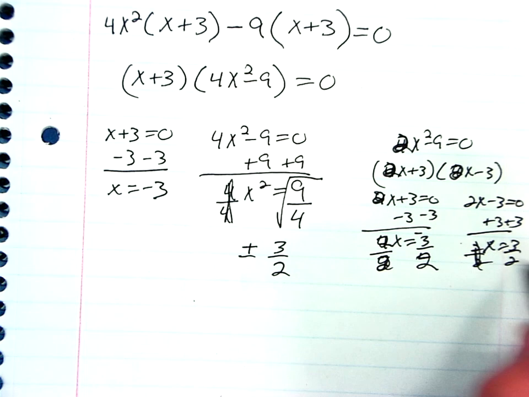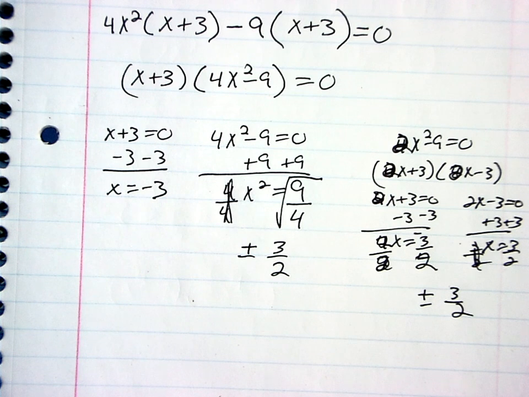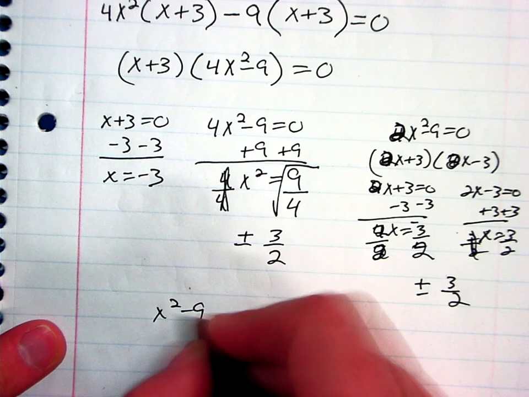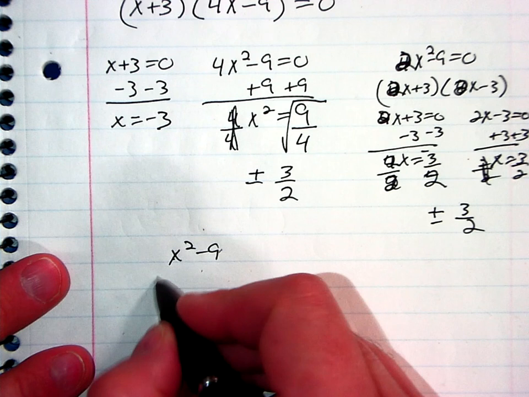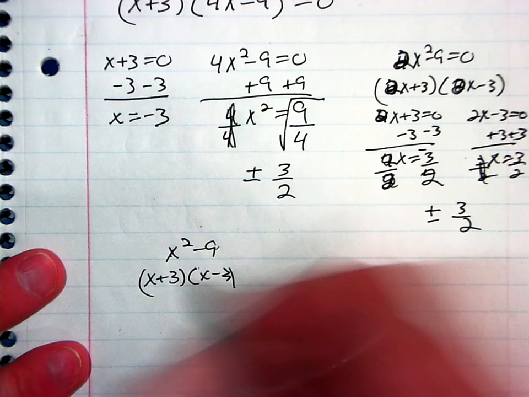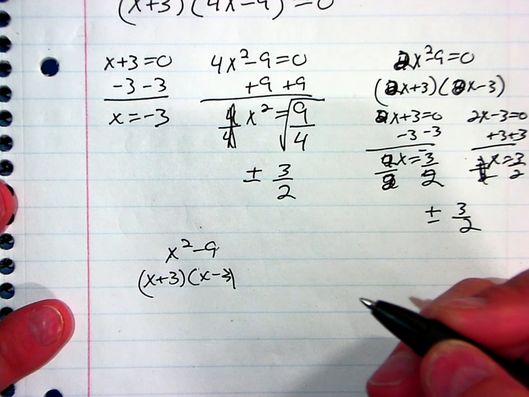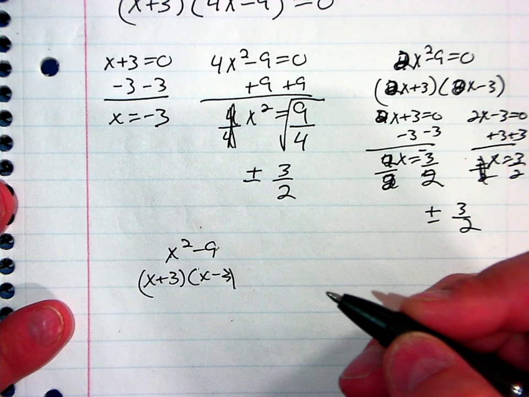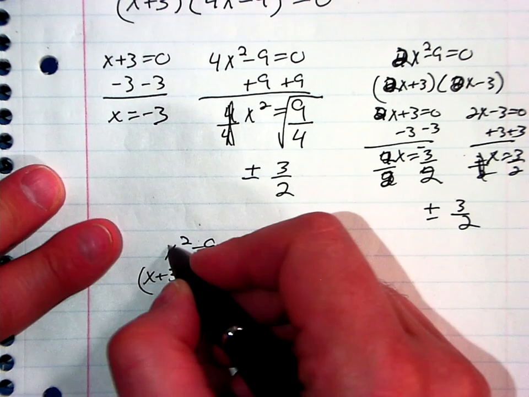All right, but we still got plus or minus 3 halves. We got the same answer. So it doesn't matter which way you do it. Why do that? Well, because when you do difference of squares, like if I had x squared minus 9, I don't bring 9 down, do I? I bring 3. It would be x plus 3, x minus 3. Because when we FOIL this, it has to equal this.